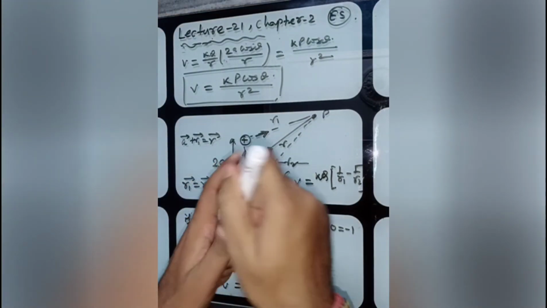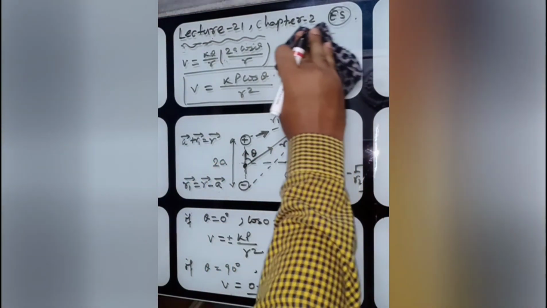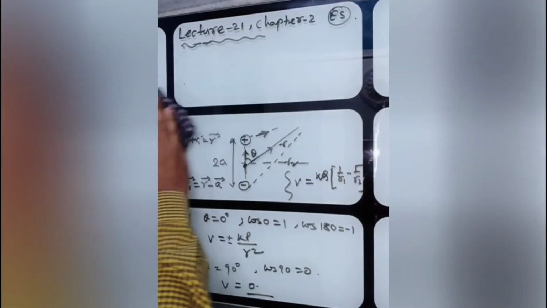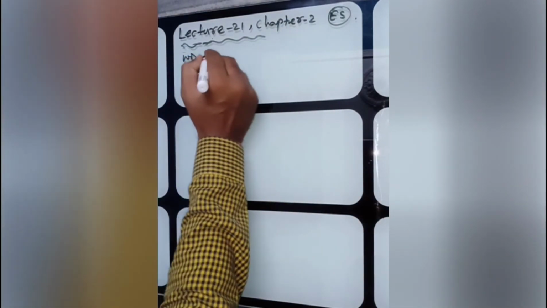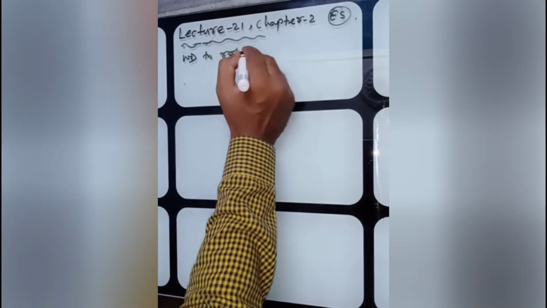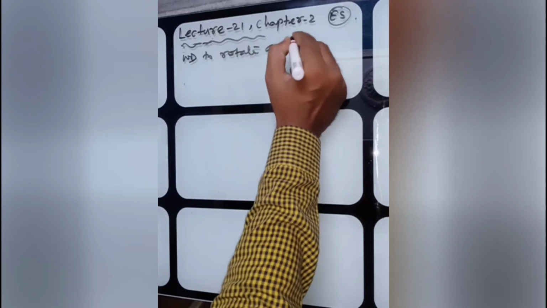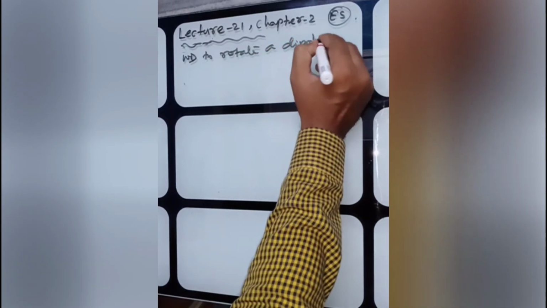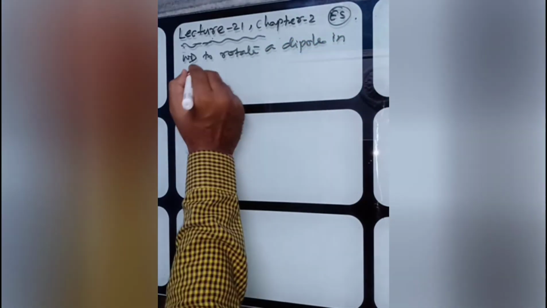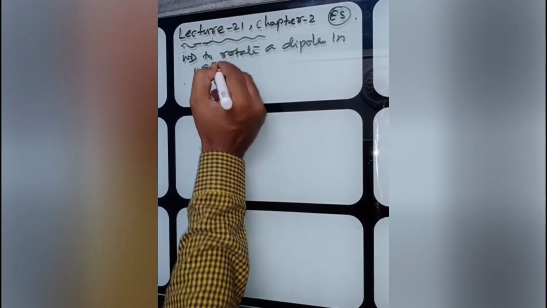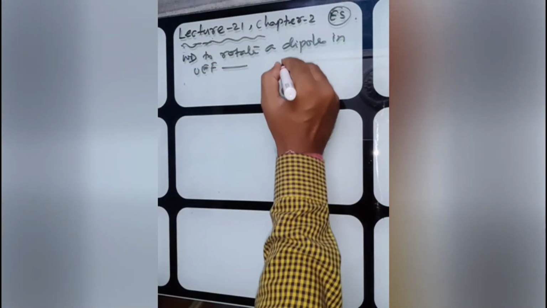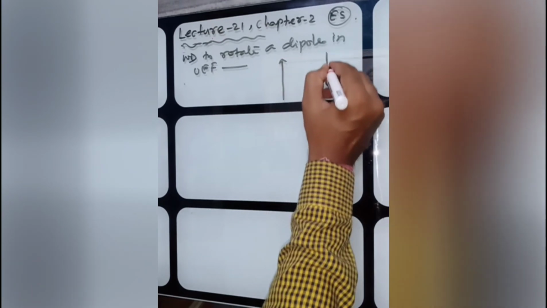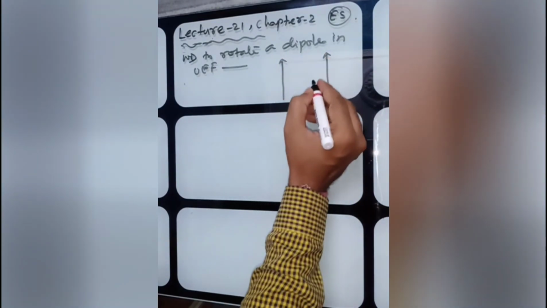Now students, the last topic of today: if you will be asked to find the work done to rotate a dipole in uniform electric field, how you will find the work done? Suppose this is the uniform electric field in which a dipole is kept.